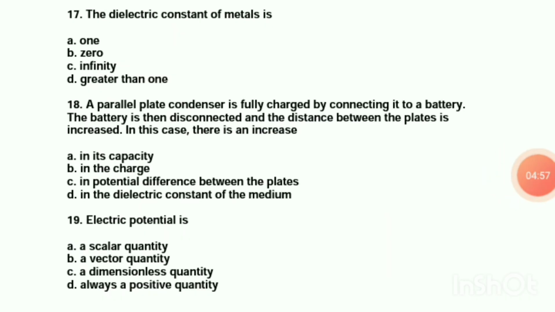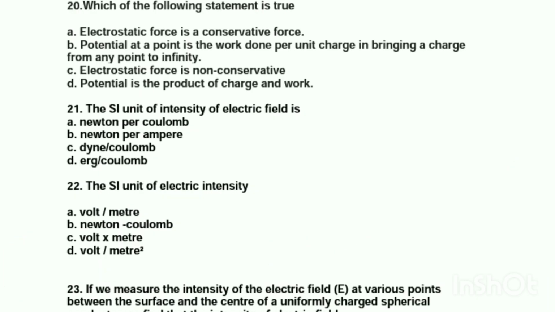அடுத்து electric potential is a scalar quantity. A தான். Which of the following statements is true ன்னு கேட்டிருக்காங்க. Electrostatic force is a conservative force. அதான் true. A. அடுத்து the SI unit of intensity of electric field is Newton per Coulomb. A தான். அடுத்து the SI unit of electric intensity is volt per meter.